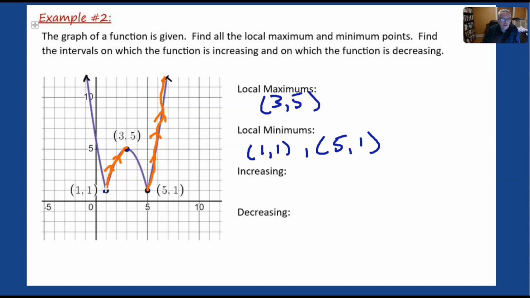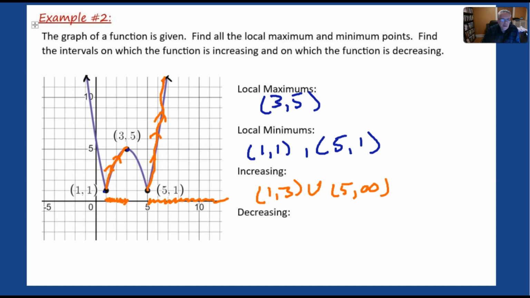So that would be from this local minimum to the maximum, 1 to 3, for those values of x. And it's increasing from 5, and then for the rest of its domain to the right. This function keeps going up and to the right. So from 5 to infinity. So any value of x in here or in here is where the function is increasing.